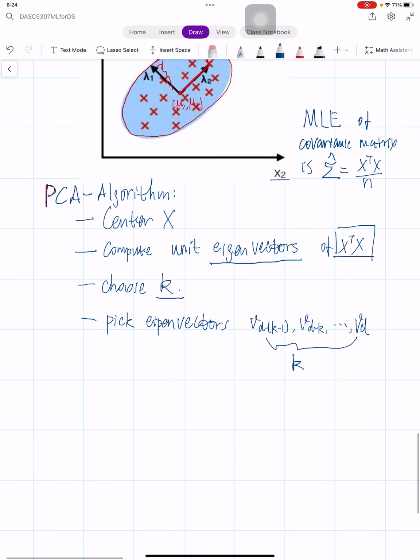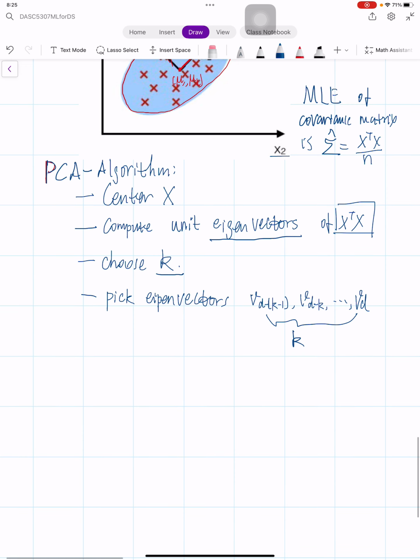We pick the k eigenvectors corresponding to the largest k eigenvalues.